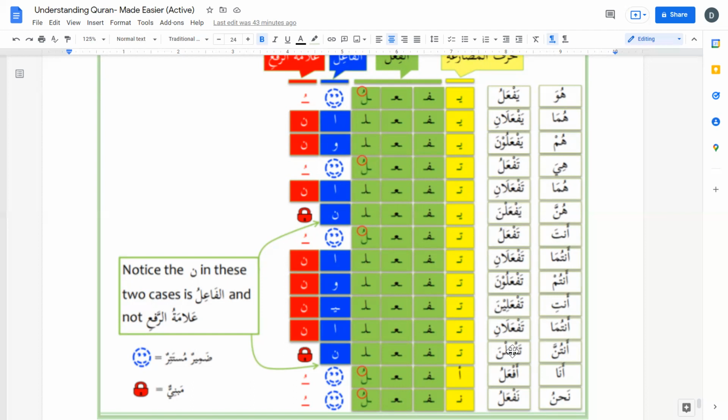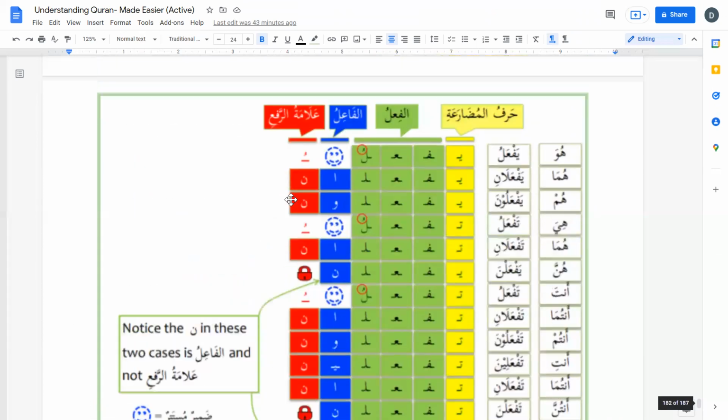Whether they are rafa, they are taf'alna and yaf'alna, whether they are nasb, again yaf'alna, taf'alna. So they remain the same in rafa, nasb, and jazm form. That's why they are called fixed, mabniyan. They don't change with different forms.